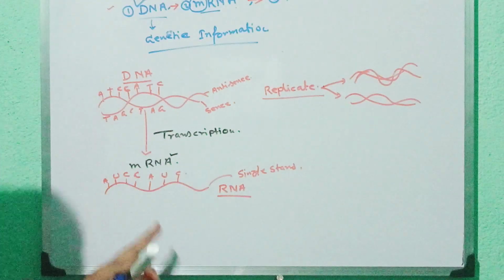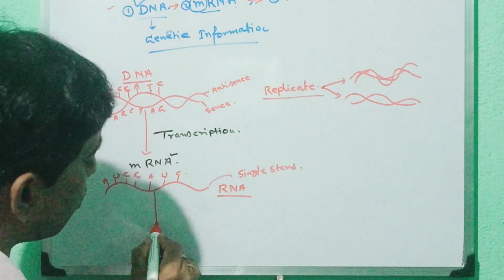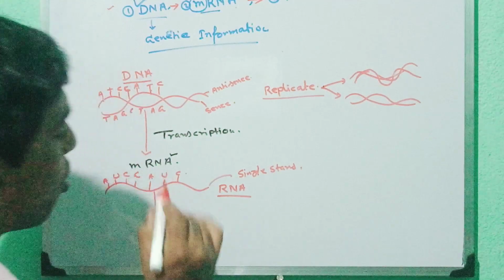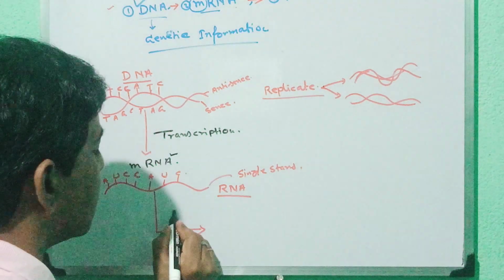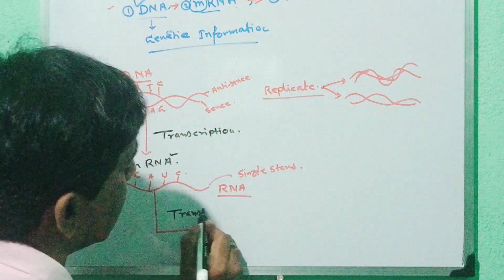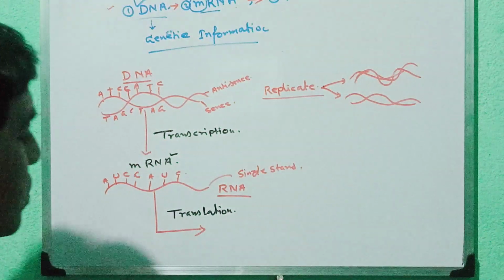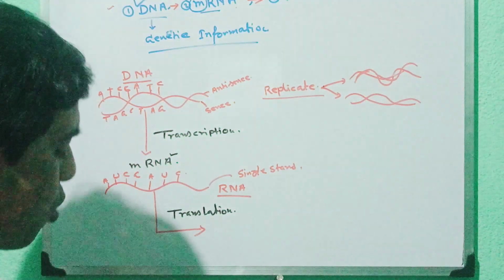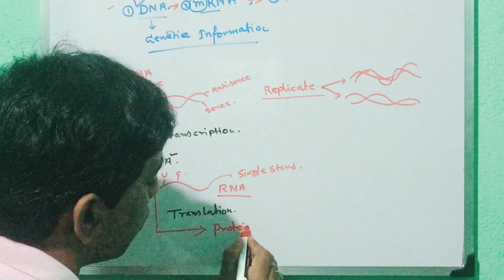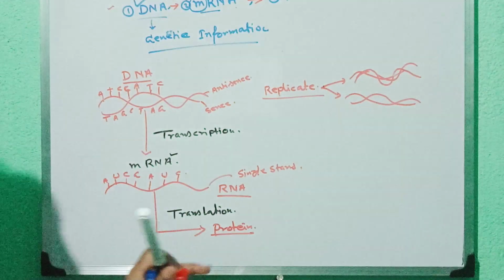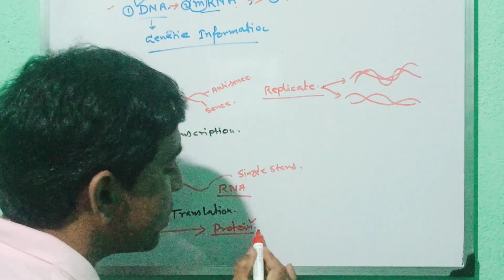And this single stranded RNA, after one process, called translation, produces the protein. These are the proteins, primary protein, secondary protein and tertiary protein. This is protein synthesis.